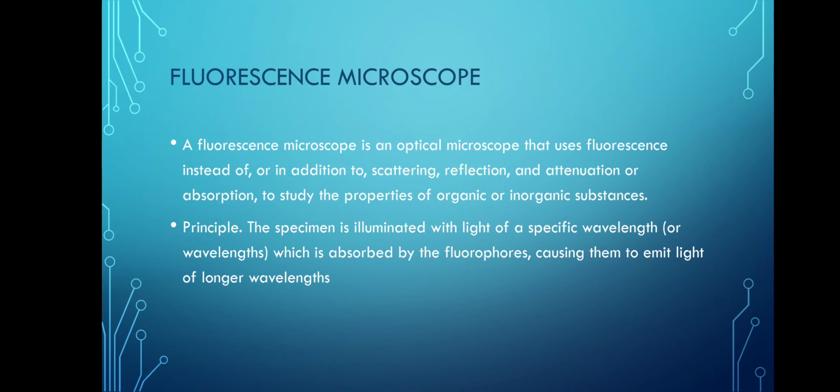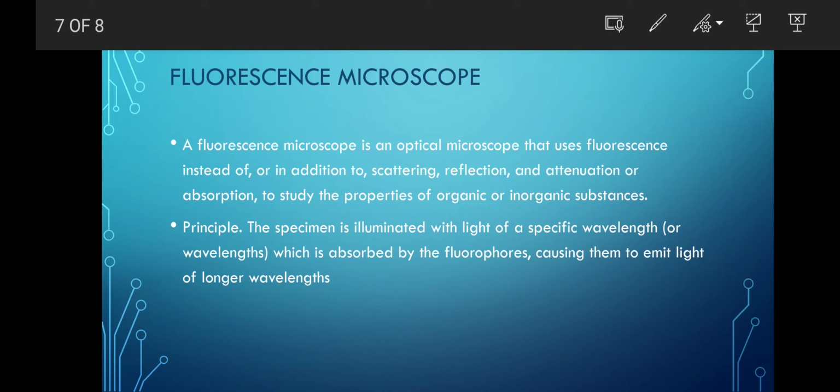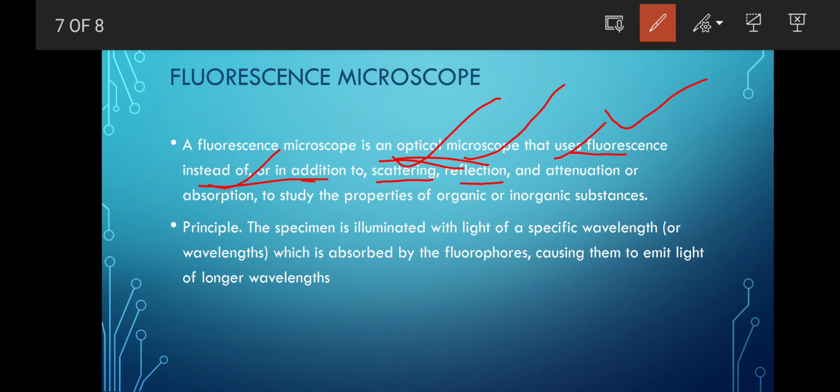Then the fluorescent microscope. The fluorescent microscope is an optical microscope that uses fluorescence, in addition to scattering and reflection. So it uses fluorescence, scattering, reflection and attenuation or absorption to study the properties of organic and inorganic substances.